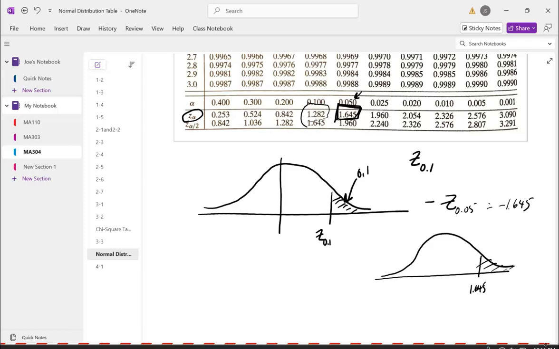Graphically, what does this value represent? Yeah, 95% on the right or 5% on the left, right? Why might I be interested in that?